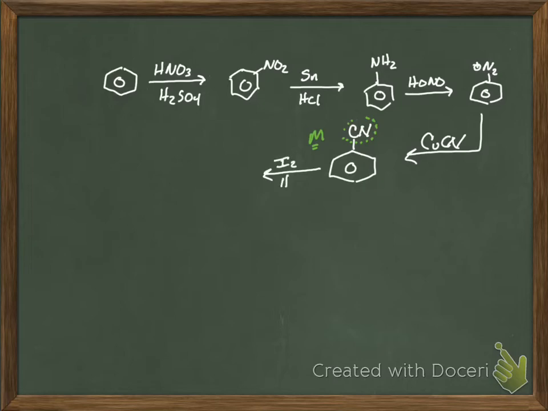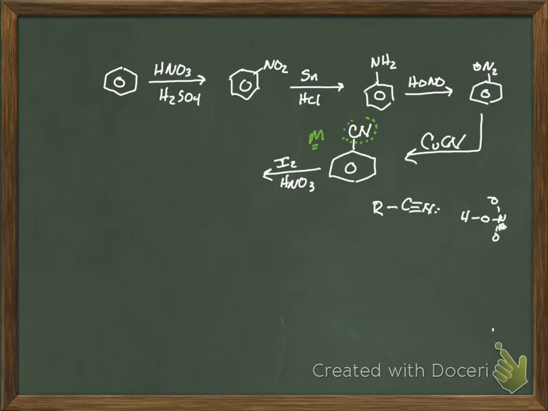Iodine and nitric acid. Now, some of you out there may be thinking to yourself, cyanide looks like this. Wouldn't that have a chance of picking the proton off of the nitric acid? Well, maybe, but it's not as good as, say, a free NH2 is at doing that, thinking back to our previous example.